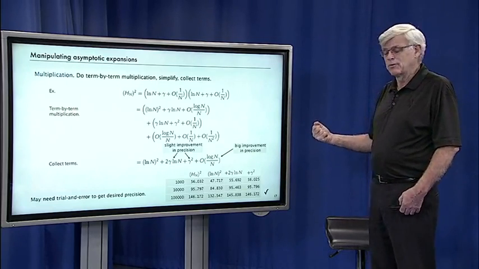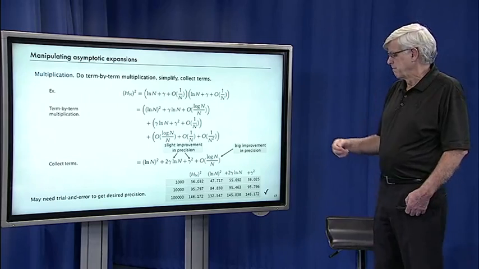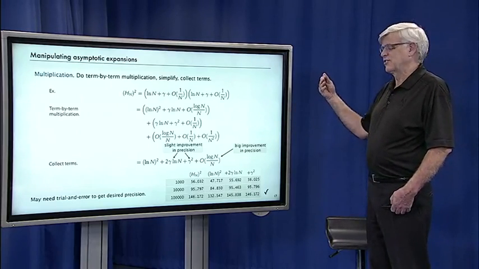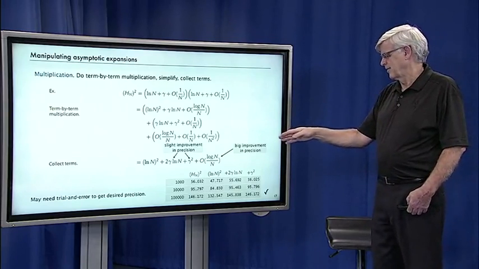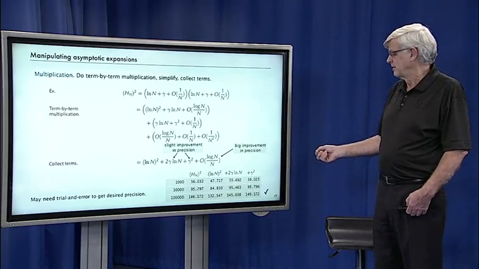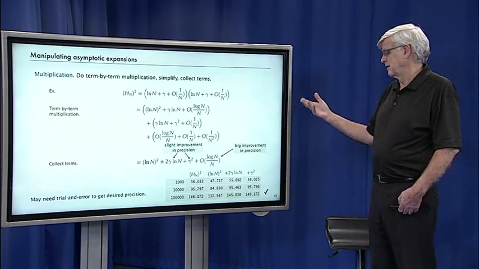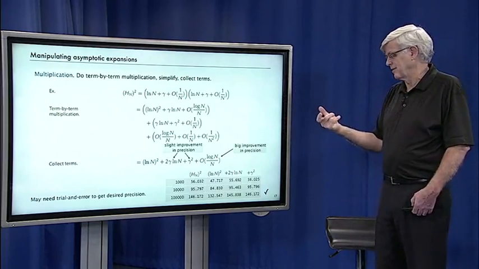Because the next term, the one that we're missing, is going to be bounded by a constant times log n over n, and for 100,000, that's going to be out in the 4th or 5th decimal place, assuming the constant's small, which normally we assume in these asymptotic series because they are.